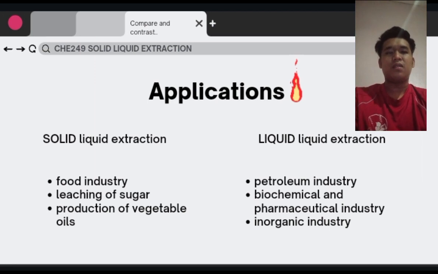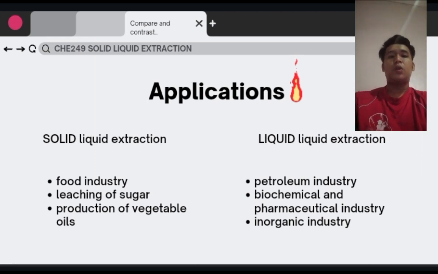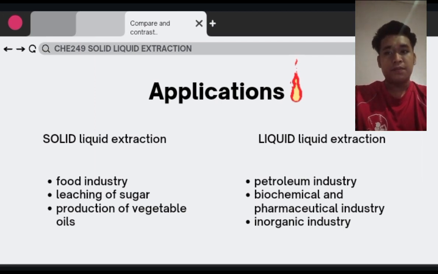So we can see that solid liquid extraction is used in different industries, and can produce solid and also liquid. Then for liquid extraction, the applications are the petroleum industry, the biochemical and pharmaceutical industry, and also the organic industry.